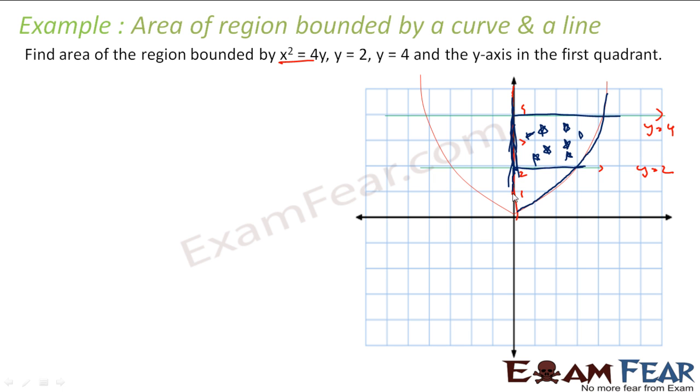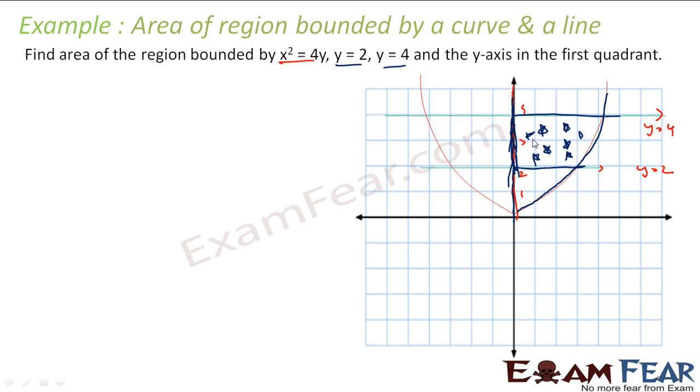Correct? You can ask, if you extend here, why are we not taking this part? Because in this part I have y is equal to 2 and my curve x square is equal to 4y, but y is equal to 4 is not in this region. So the common area has to be the region which has all these required things. So this is my area.